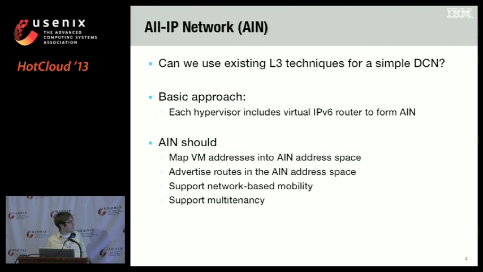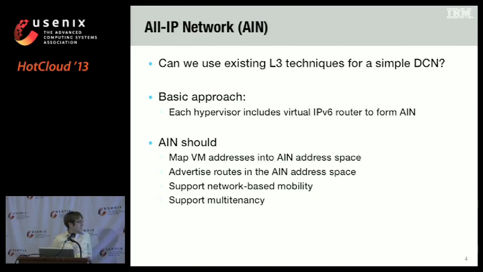The basic approach is you take your data center network and make it a complete layer 3 network. This is an IPv6 network, and you push the routers all the way out to the edge. Each hypervisor would run, instead of a virtual switch, a virtual IPv6 router that forms this all-IP network.